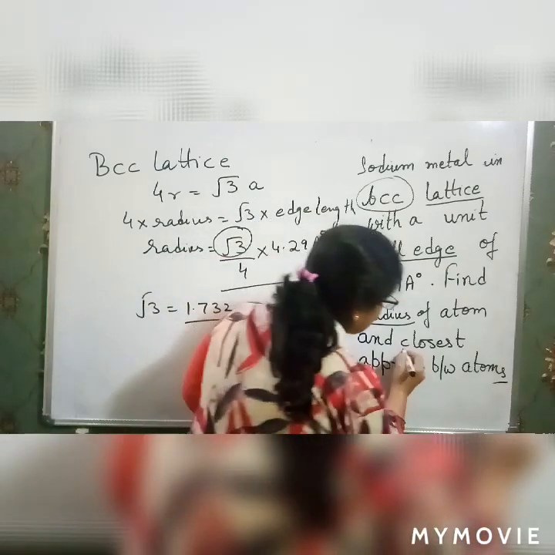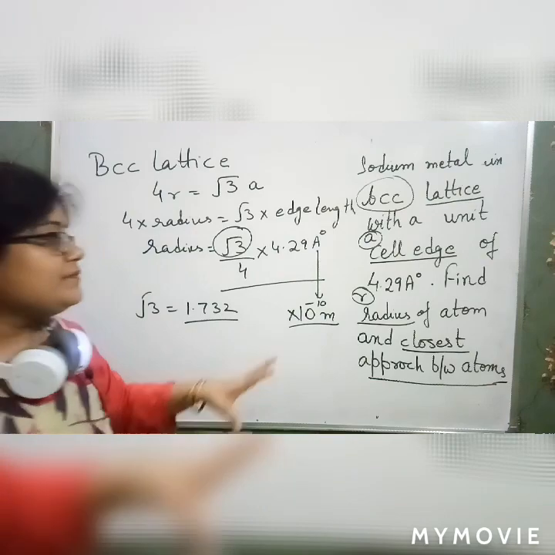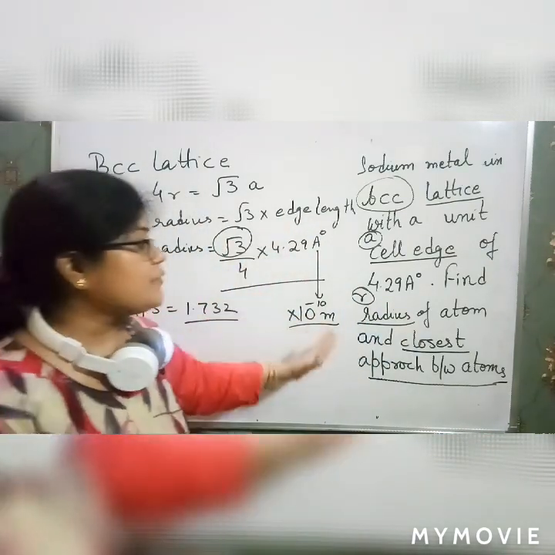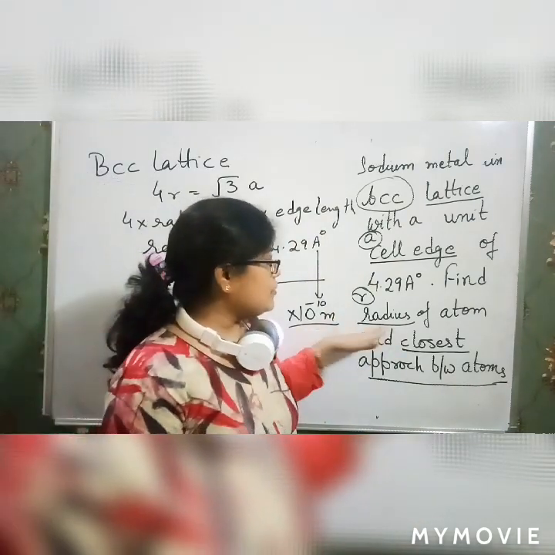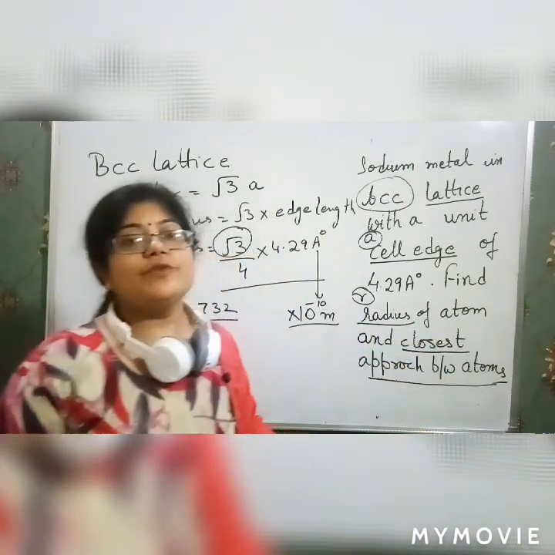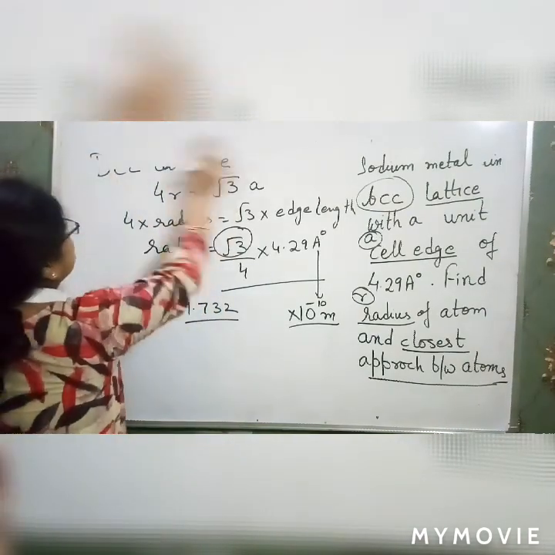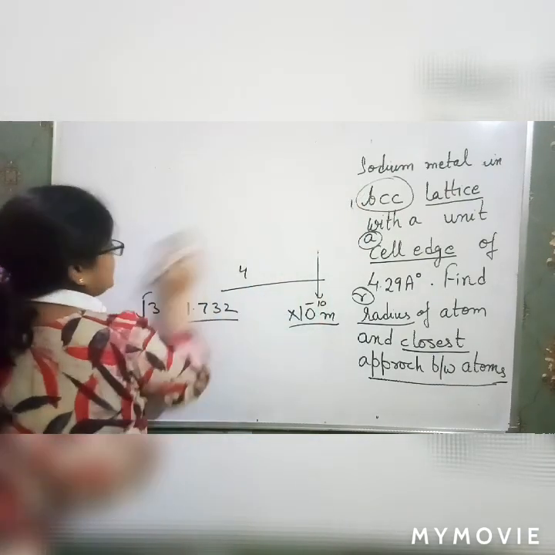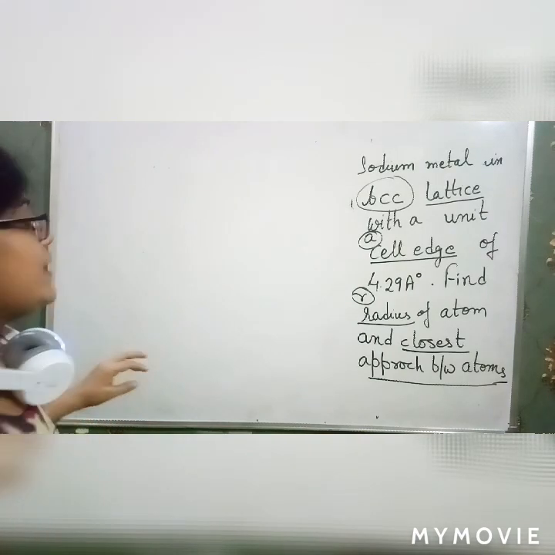Find the closest approach between atoms. Sometimes in a question I mix two types of questions into one in order to give you the concept. So in some questions it is also written, find the closest approach between two atoms. When you have to find the closest approach between two atoms, you just multiply the radius by 2.